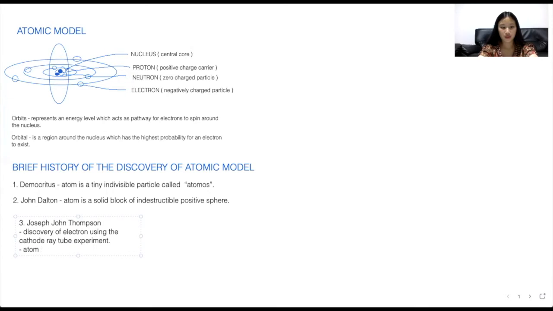He said that an atom is like a plum pudding where the bread is the positively charged sphere, while the raisins are like the electrons embedded on the sphere.